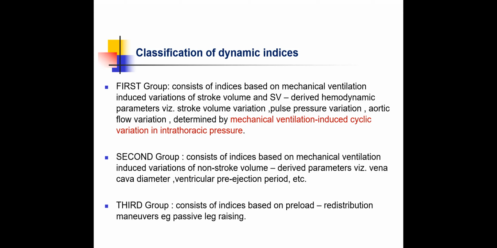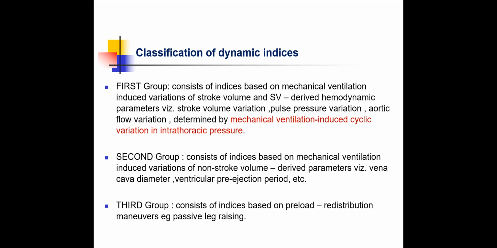The second group consists of indices based on mechanical ventilation induced variations of non-stroke volume derived parameters, namely vena cava diameter, ventricular pre-ejection period, etc. The third group consists of indices which are based on preload redistribution maneuvers like passive leg raising.